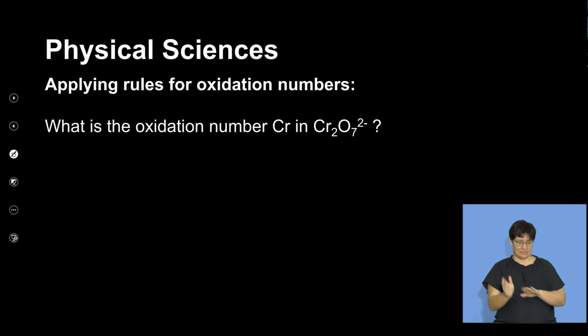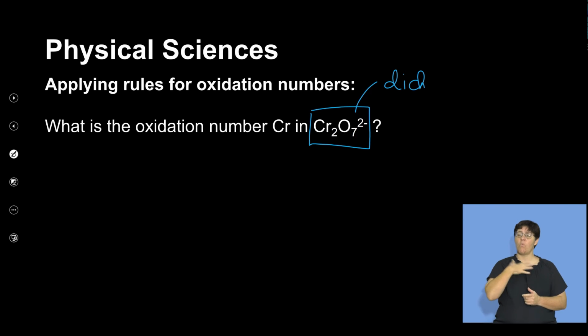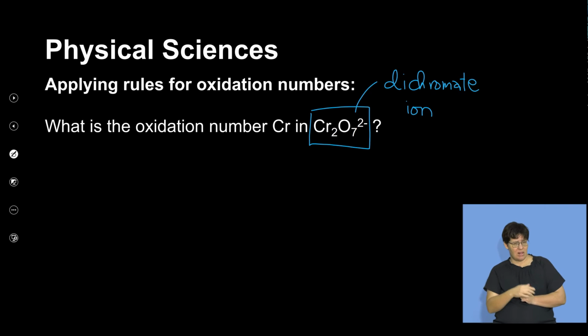And then we've got a polyatomic ion, which is the dichromate ion. So we want to apply the rules. When we have a dichromate ion, we know that the charge on the ion is equal to the total of all the atoms in this polyatomic ion.